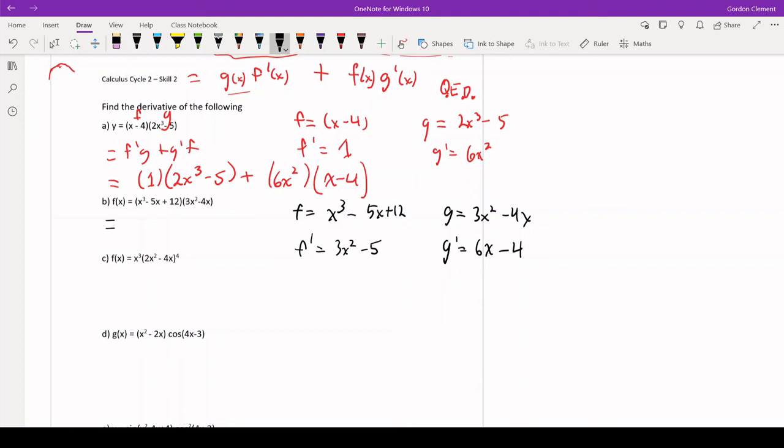There's the different pieces, putting them together. F prime g plus, I can't even fit it all in on my screen, g prime 6x minus 4 f whole cubed. So there's that one for me.